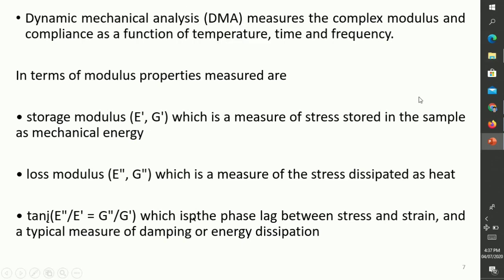So far, we have observed different characterization techniques: differential scanning calorimetry DSC, rheology, dynamic mechanical analysis, thermomechanical analysis TMA, and thermogravimetric analysis TGA.